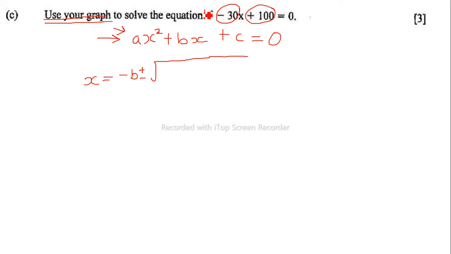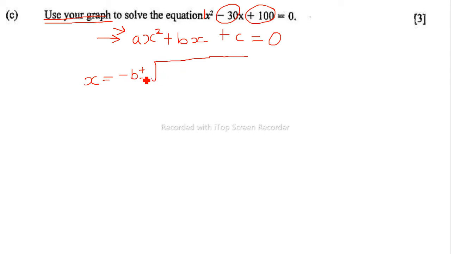So in our case, 1 is a. The number in front of x is b, so in our case it's negative 30. And the number that's all alone is c, which is positive 100.